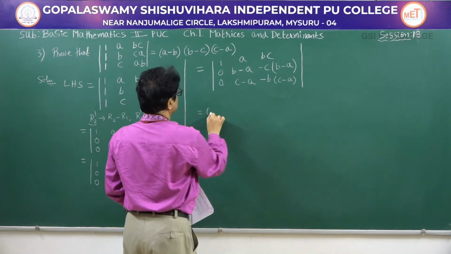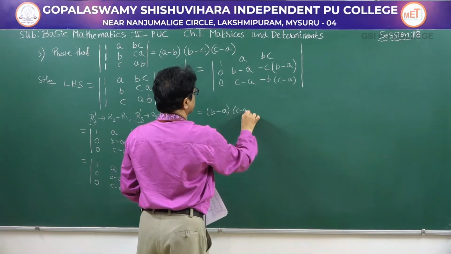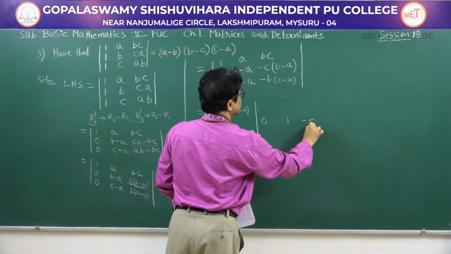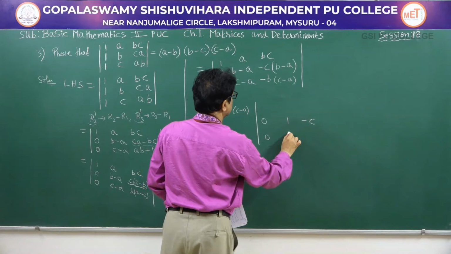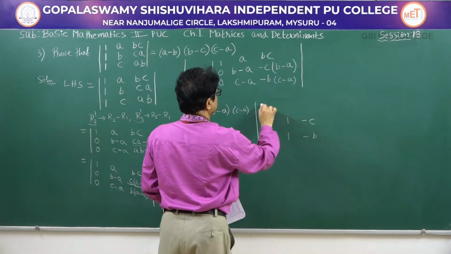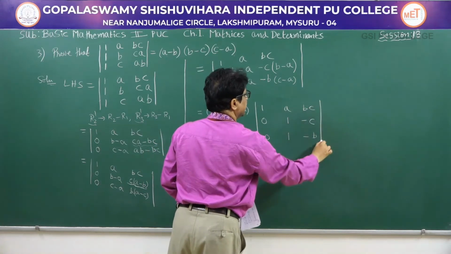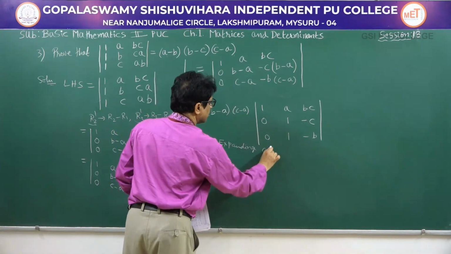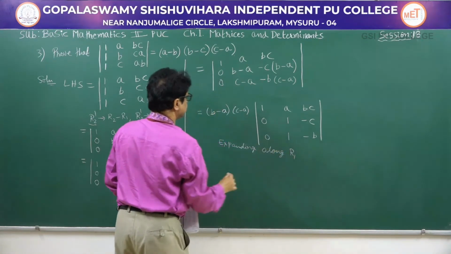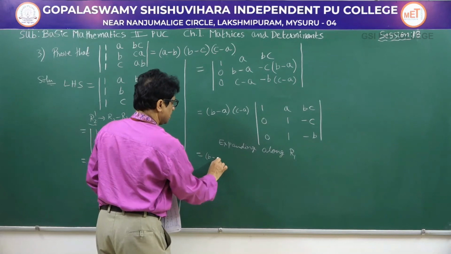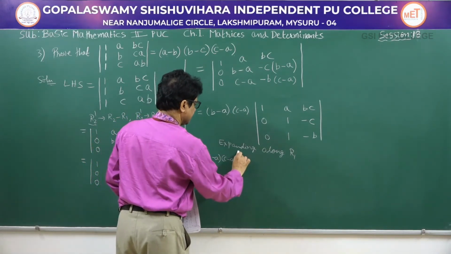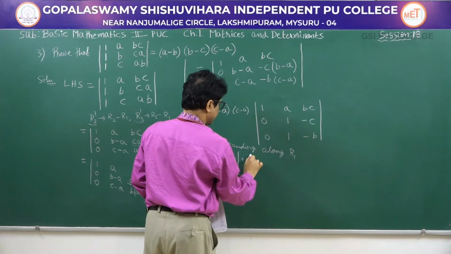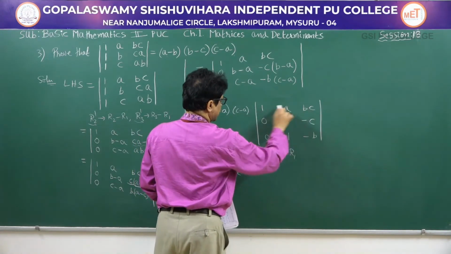So that will be equal to B minus A into C minus A into, so the second row becomes 0, 1 minus C and the third row becomes 0, 1 minus B and the first row remains as it is 1 A B C. Expanding along R1, that will be equal to B minus A into C minus A into, so in the R1 the elements are 1, A, B, C, first element plus 1 into, so 1 lies in the first row and first column.